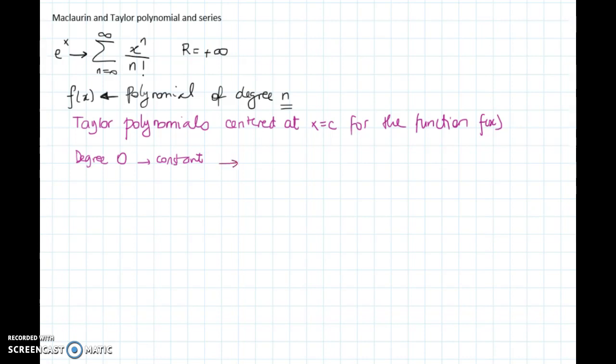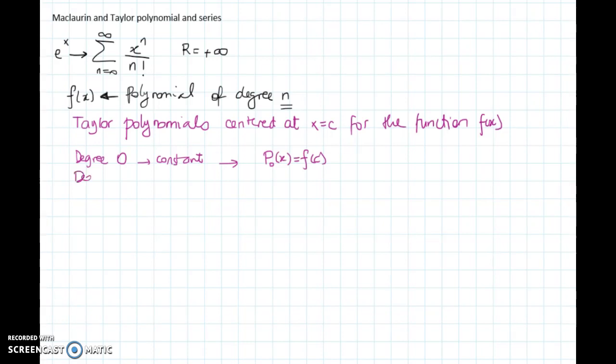So actually what we're going to consider is just the value of the function at c. So our function and the constant function coincide at the point c. So this is going to be p0 of x. This is the polynomial of degree 0 that we are trying to define.